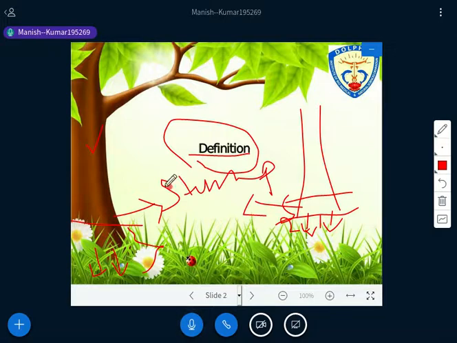If this is the stump, this is the cross section. We are analyzing the cross section and measuring the annual rings. Why are we measuring annual rings? The purpose is to know the diameter and basal growth, and to establish the relation between age and diameter.